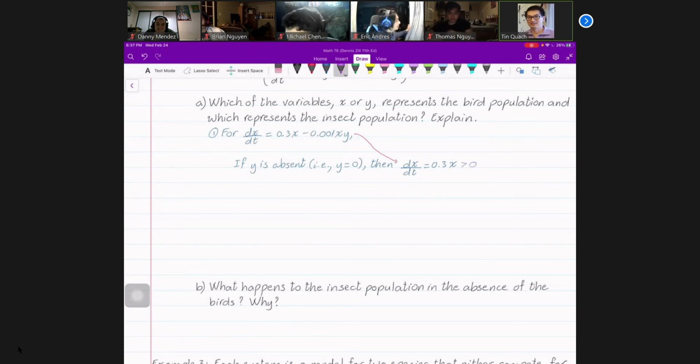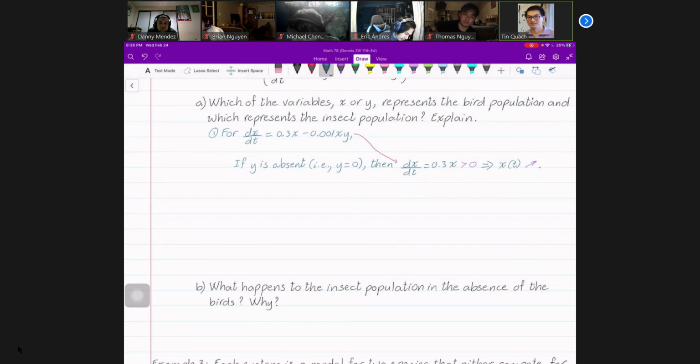Now, if that is positive, what does it tell you? That means the derivative of x is positive. That means x is what? When its derivative is positive, x is increasing. There you go. So from here, you know exactly what happens.